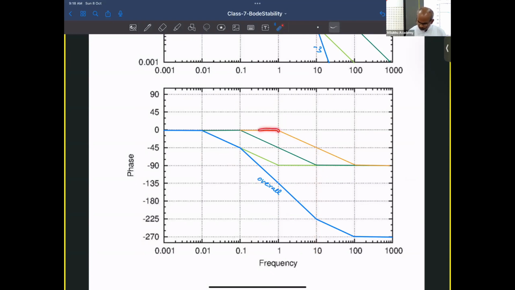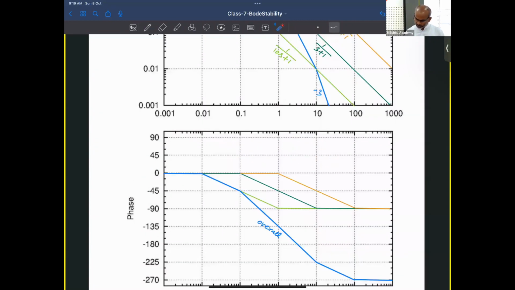Till the frequency of 1, the phase angle is almost 0, and at 10 times the corner frequency, which is 100, the phase angle is minus 90. This phase angle plot is a nice straight line. This is what is called an asymptotic phase angle plot.